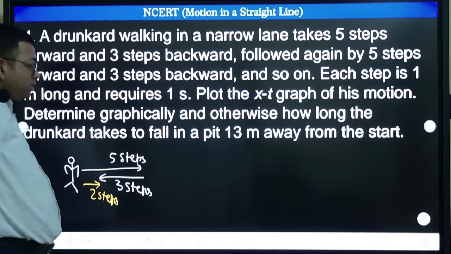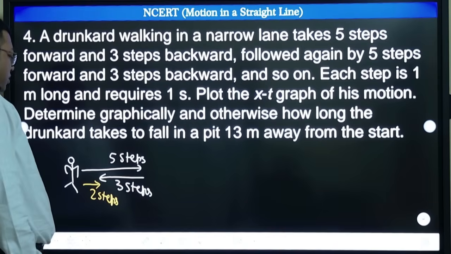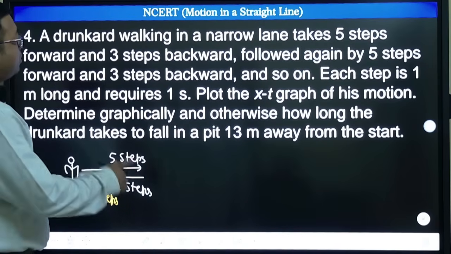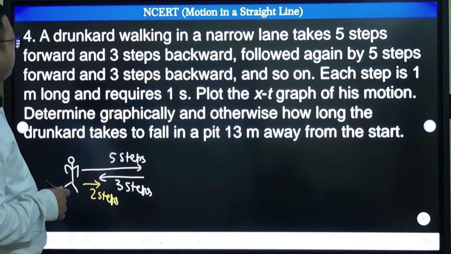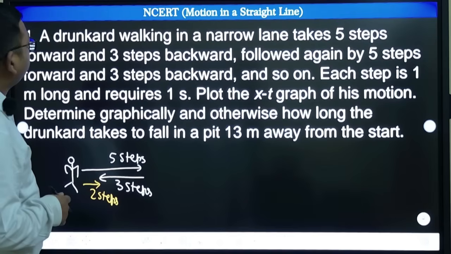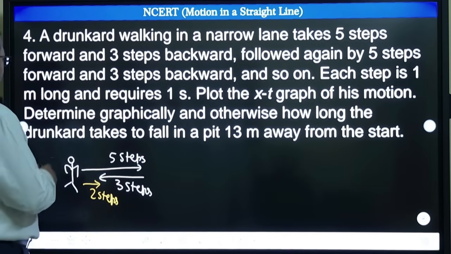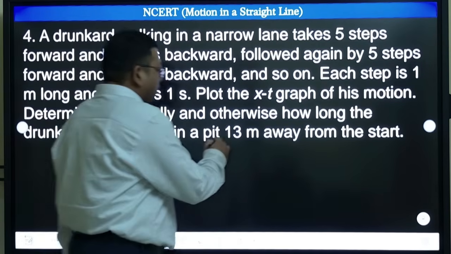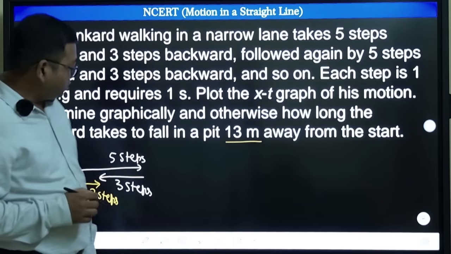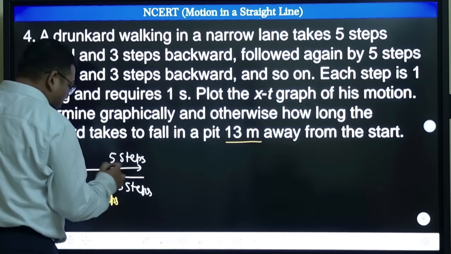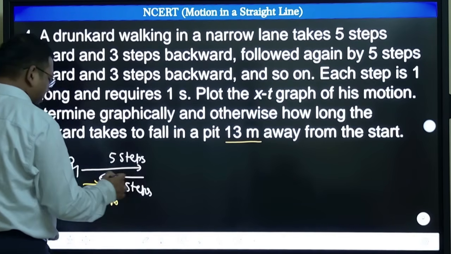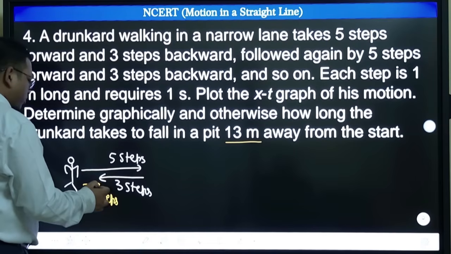Now you think about it analytically. First, let us try to think about it. So he has to go up to 13 meters, right? Where is the pit? The pit is at a 13-meter distance, right? So he has gone first 5 plus 3, 8 meters, but effectively 2 meters only.